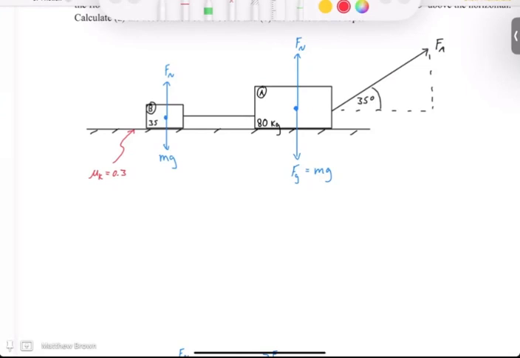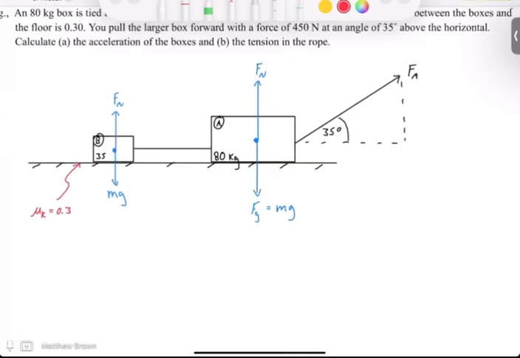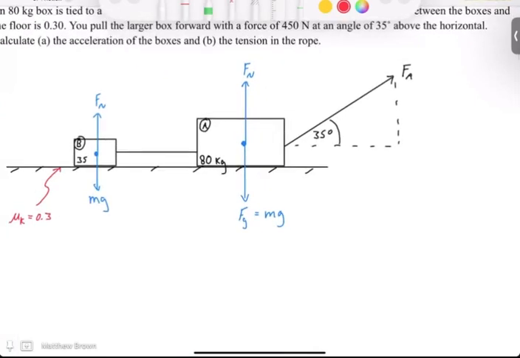Because this force here is applied only to box A, it's going to affect the normal force on box A, because you're partially pulling it up, so the surface doesn't have to respond with as much equal and opposite force. Whereas block B is completely stationary.